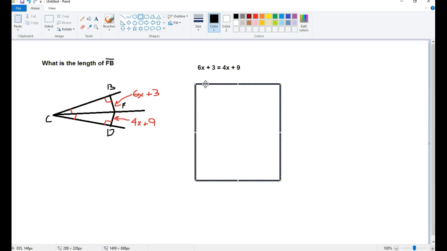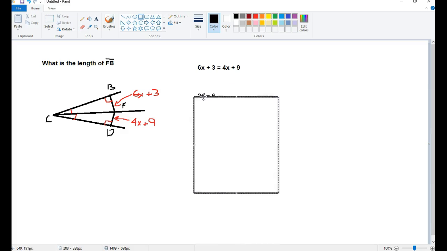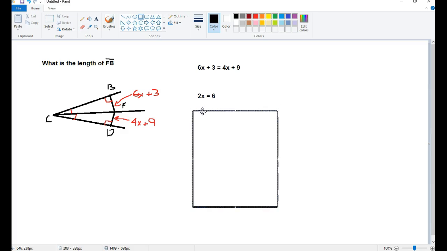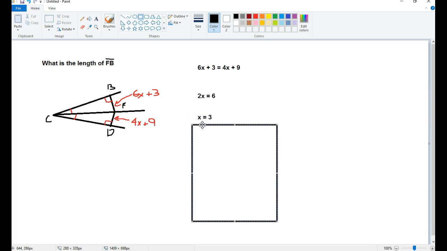So 6x plus 3 is equal to 4x plus 9. And then to simplify it, I'm going to subtract 4x on both sides and subtract 3 on both sides. So my next line would be 2x is equal to 6. And then to get x by itself, I'm going to divide by 2. So then x is equal to 3.